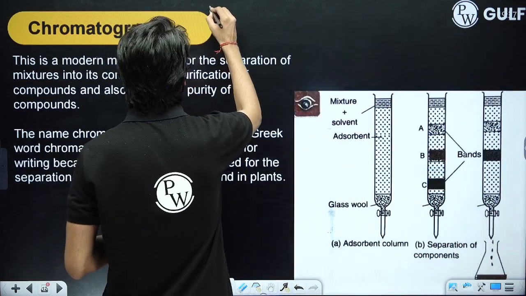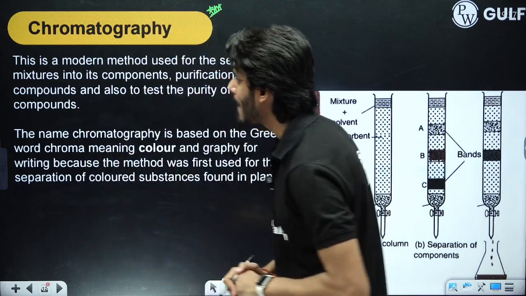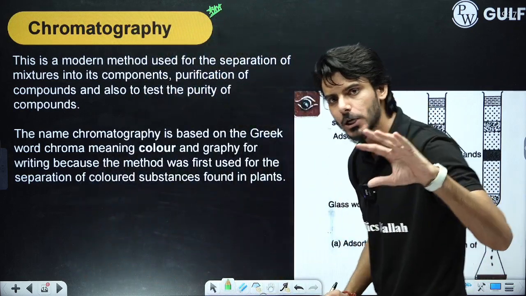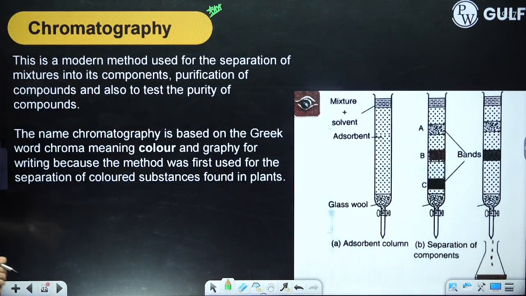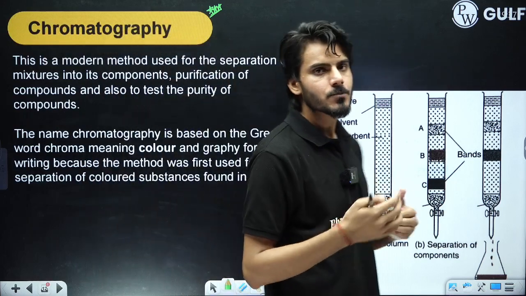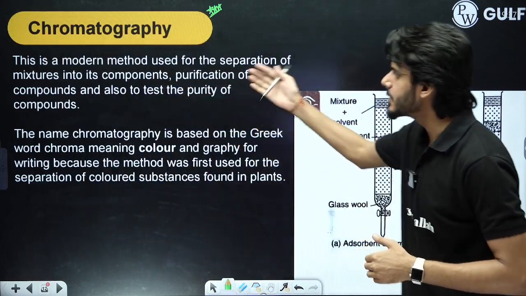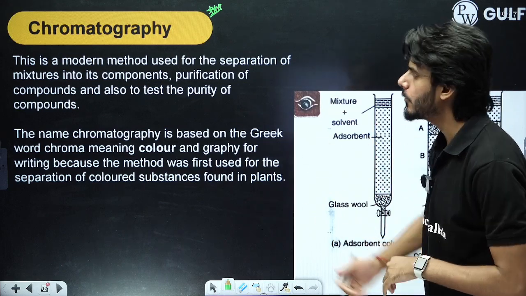Very important, very important. Let's understand chromatography. Guys, what do we mean by chromatography? This is a modern method used for the separation of a mixture into its components. You will purify this compound and you will test the purity of the compound using chromatography.